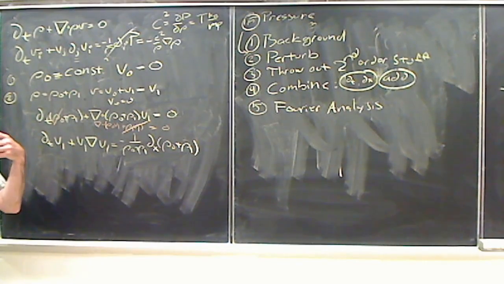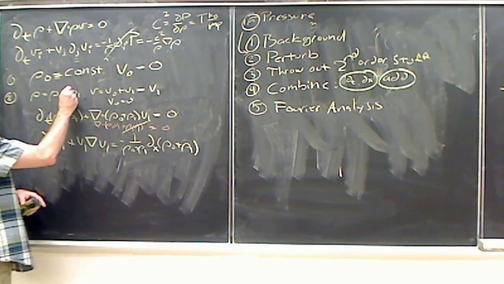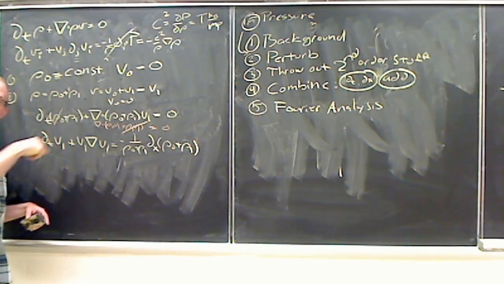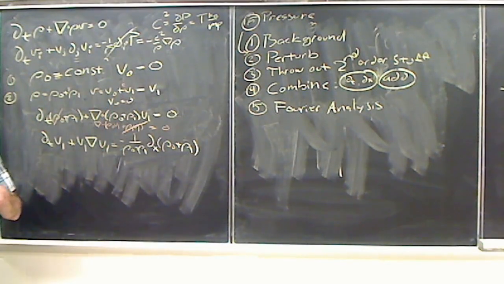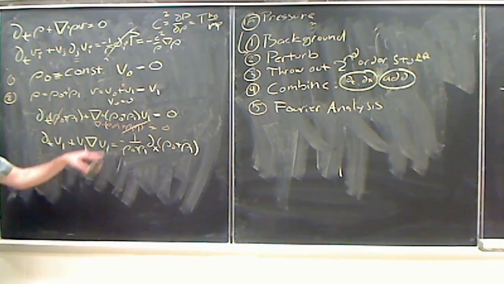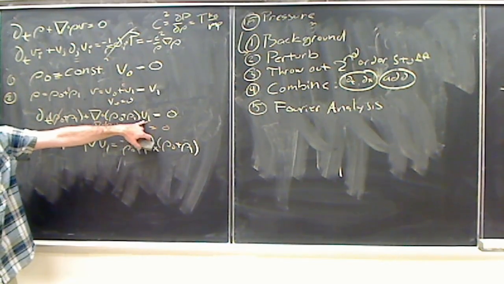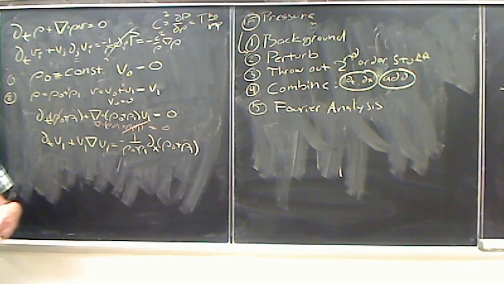Now when you're doing this for homework, you can say this is epsilon times rho 1 and epsilon v1, and throw out anything that's epsilon squared. That's a fine bookkeeping way to do it, but I just keep track of how I need to have 1 subscript 1 in every term, and if there's 2, it goes away.